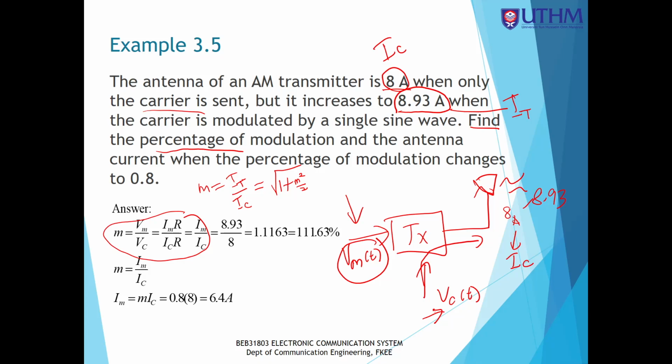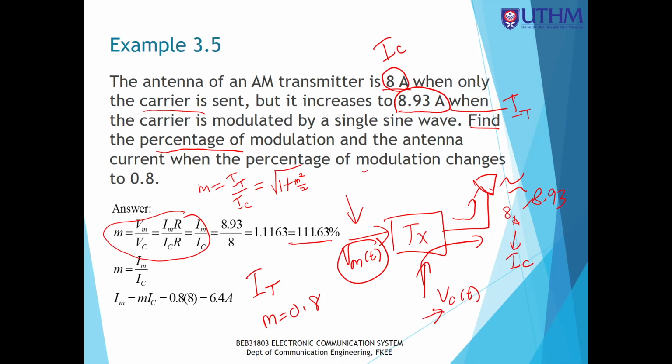IC is still the same because we assume when there is no input, we are still using the same carrier. Okay, carrier is still the same, but maybe in this case, the input signal is changing. Okay, input signal mungkin berubah pada ketika ini. Input signal mungkin menggunakan input signal yang lain, for example. So IC, we still use IC equal to 8 ampere.